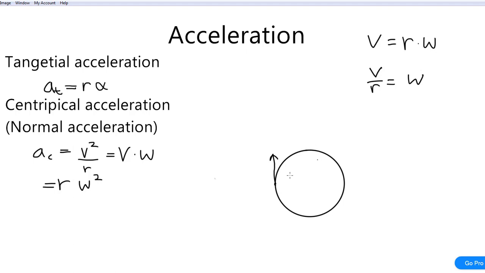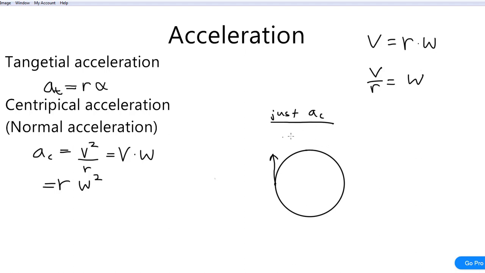So if you have just centripetal acceleration, I'm going to write that down: A_C, centripetal acceleration. Your speed is going to be constant in the end. But really, acceleration is the change in velocity. So technically, your magnitude is going to be the same, but your direction is changing.